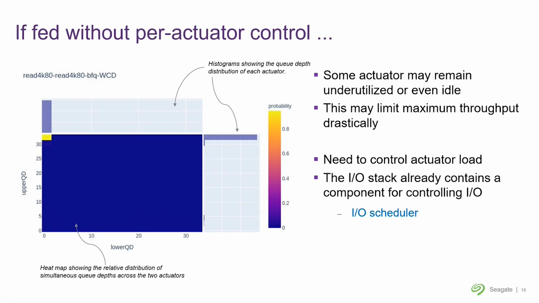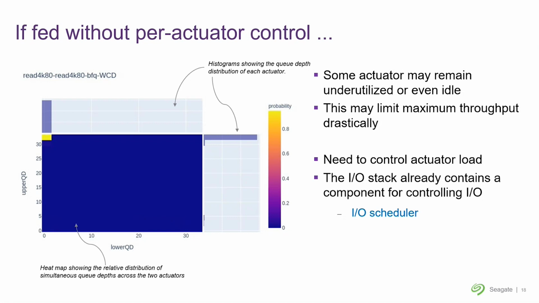A simplistic way of looking at this heat map is for the upper actuator, the upper Q depth, we're at 32, so it's actually consuming all 32 of the hardware command queue, and you're getting a lot of I/O on this one actuator, and then over here on the heat map on the right, you're getting a whole lot of zero. You're just not getting any activity at all. So we've completely idled one actuator during the time frame here.